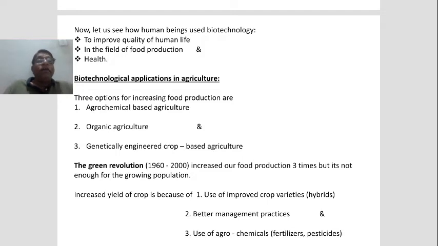Nowadays, cervical cancer is very common in females. The girl, when attains the age of 10, she must get the cancer vaccine.